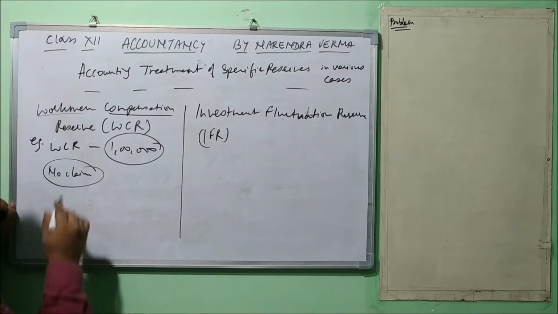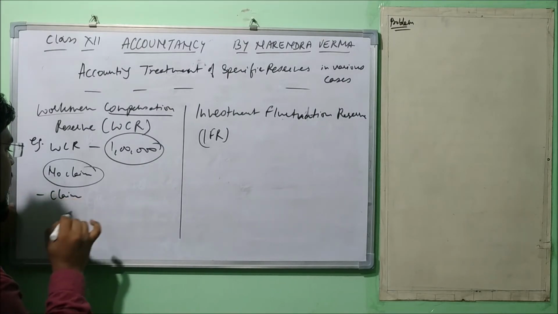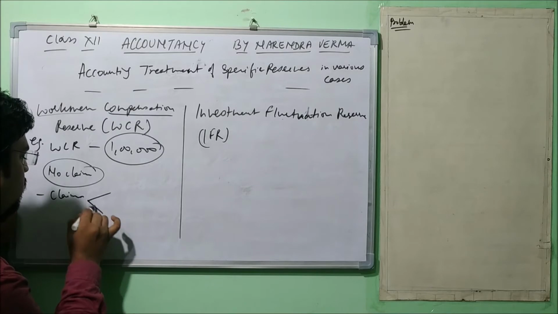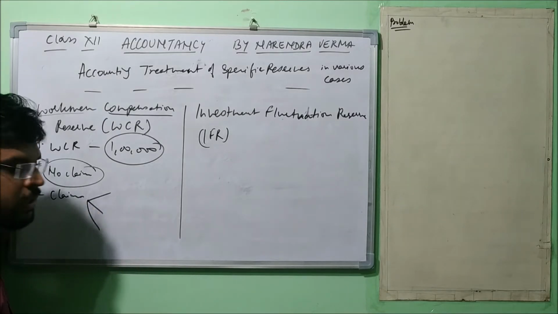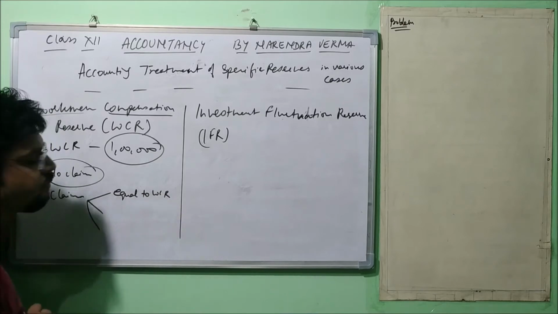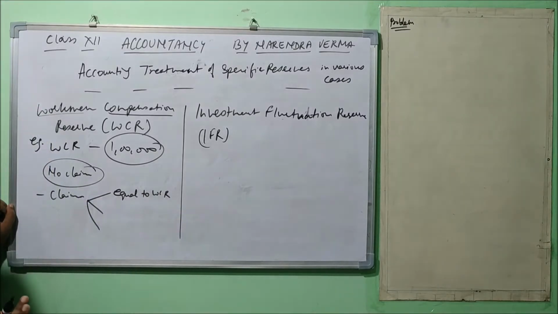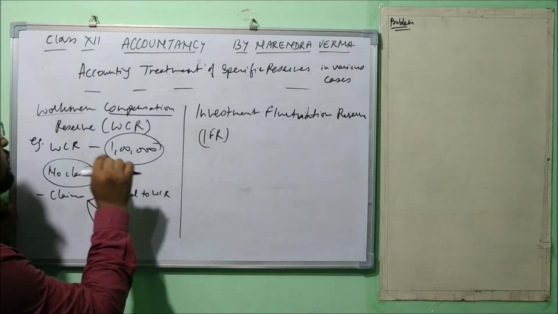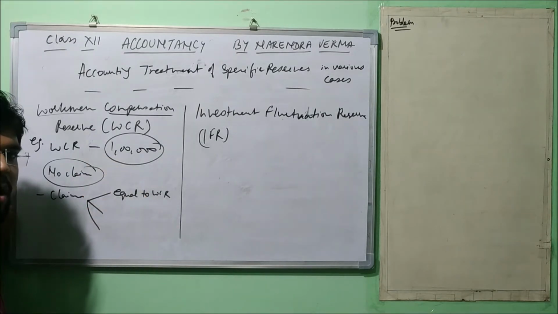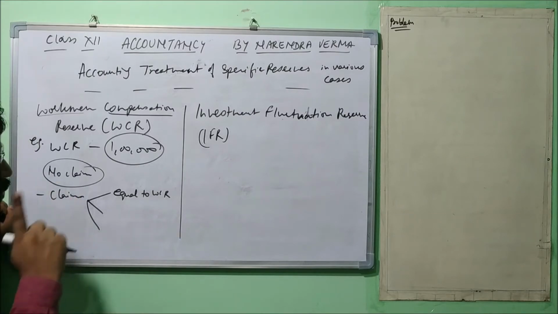Understood? Now, another case, a claim is there, and in this claim there will be 3 possibilities. One possibility, claim is equal to WCR. It is a very rare possibility that 1 lakh is made and the accident amount is also 1 lakh, but there is a possibility.